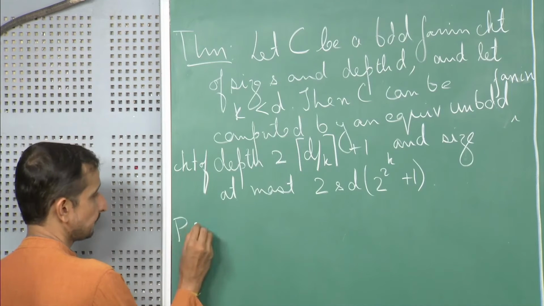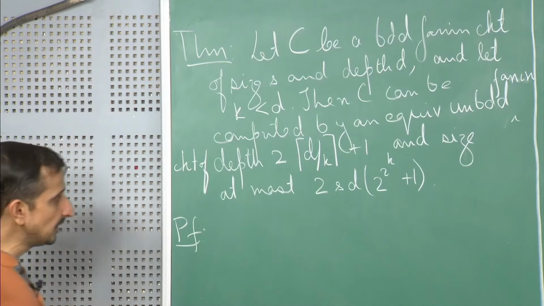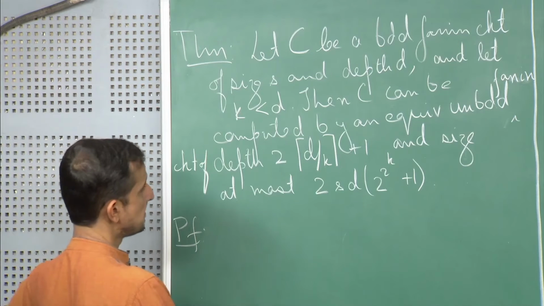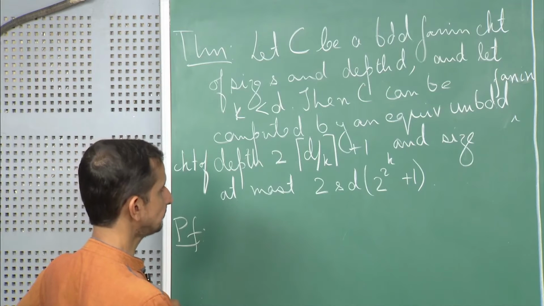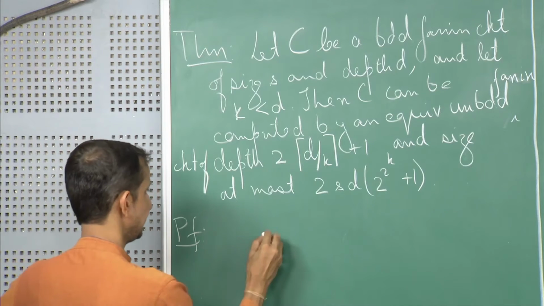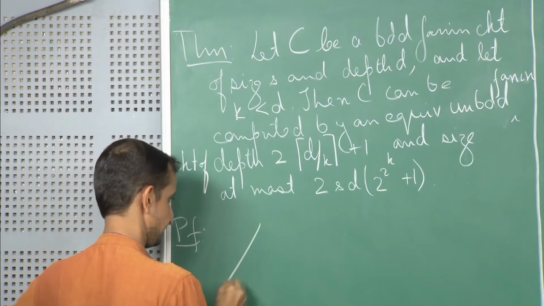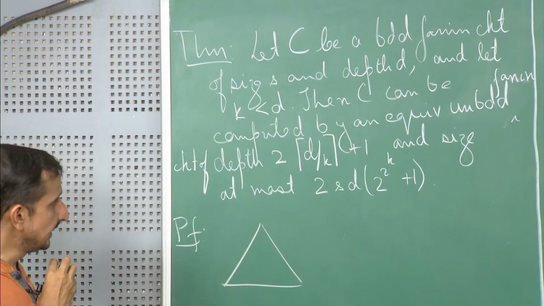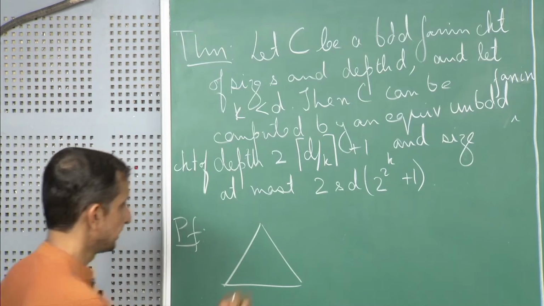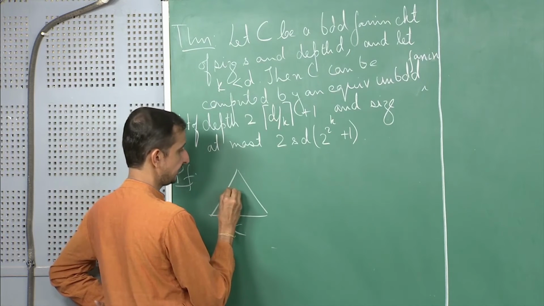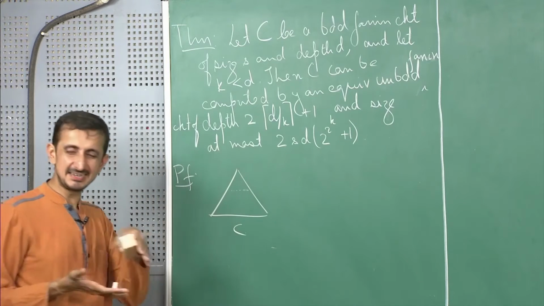The idea of the proof is quite simple. We have the circuit C. Let me draw a picture first. So this is my circuit C. Let us say that C is layered.